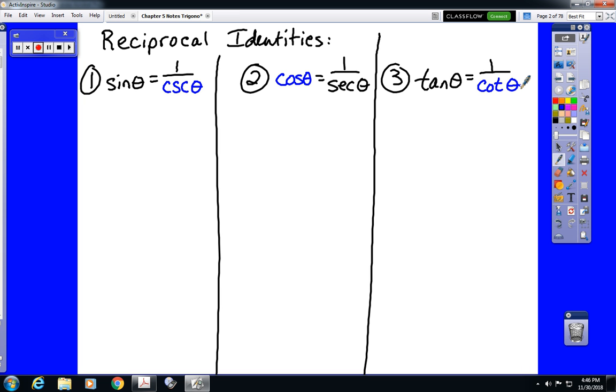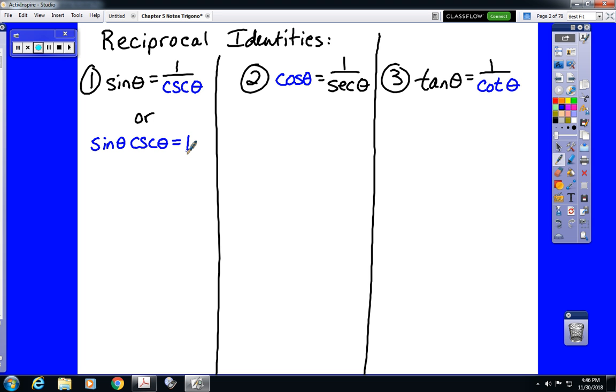Now, it's worth noting that with any trig identity, these are equations, which means they have multiple forms. We are allowed to manipulate them just like we do any algebraic equation. So if we wanted to, we could multiply both sides of this equation by cosecant and receive the equation sine theta cosecant theta equals 1.